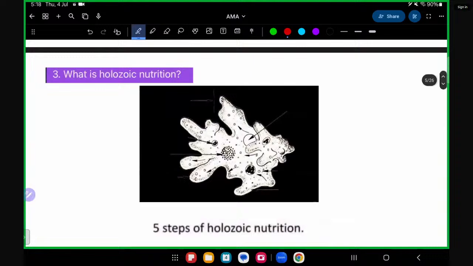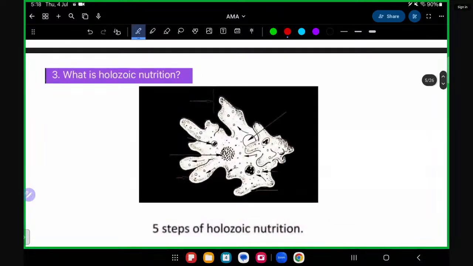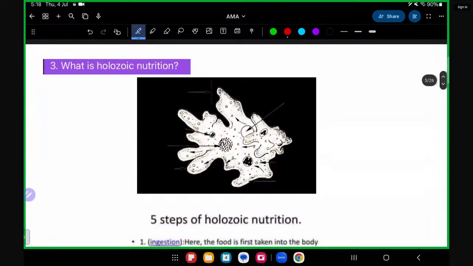What is holozoic nutrition? If we break down this word, the first part is holo. Holo means whole. Then zoic means of animals.